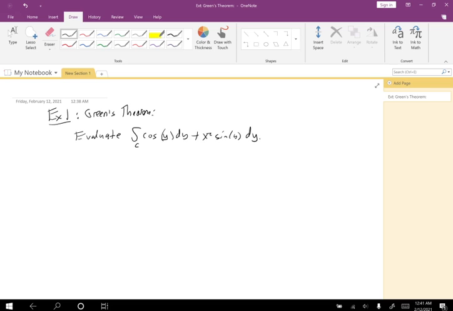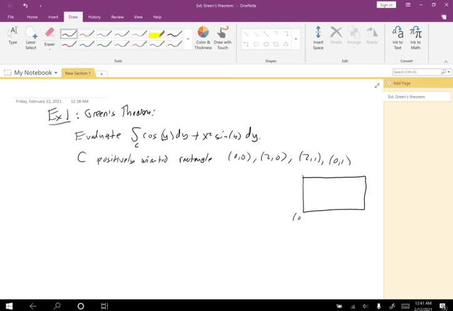And C is given by the positively oriented rectangle with these points 0, 0, 2, 0, 2, 1, and 0, 1. And by positive orientation, we of course mean that it's going counterclockwise.